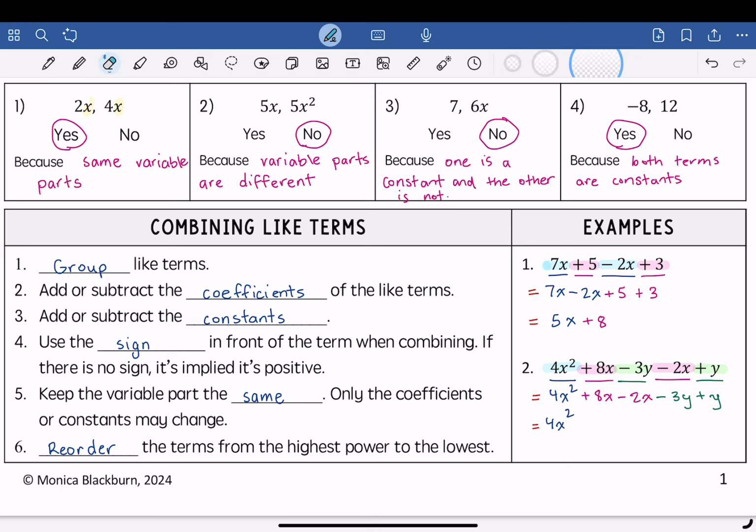Positive 8 minus 2 is plus 6x. And negative 3 plus 1 is negative 2y. So it is 4x to the power of 2 plus 6x minus 2y. And there are no more like terms here to add or subtract. So that is the most simplified expression.